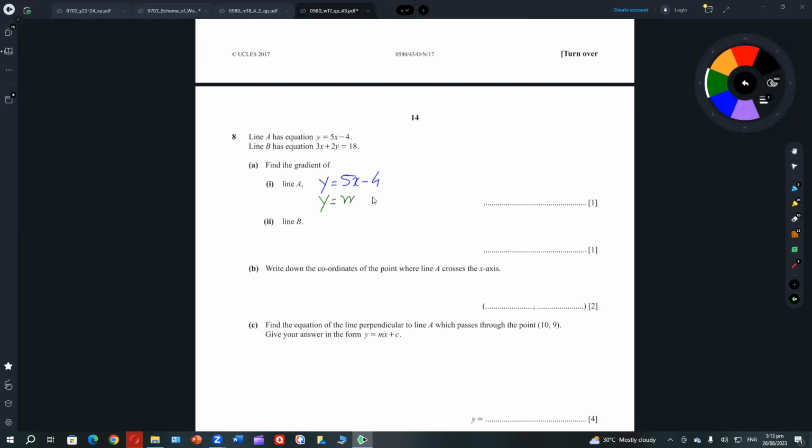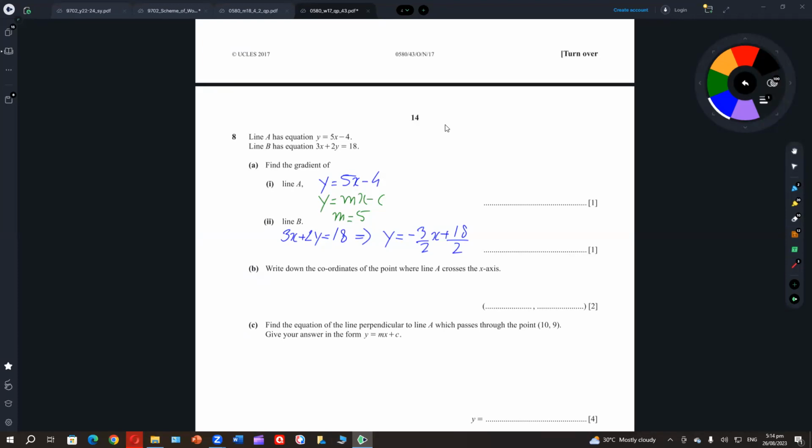Just copy the formula under it and compare. Comparison will give you directly the answer. Convert the equation into y is equal to mx plus c.